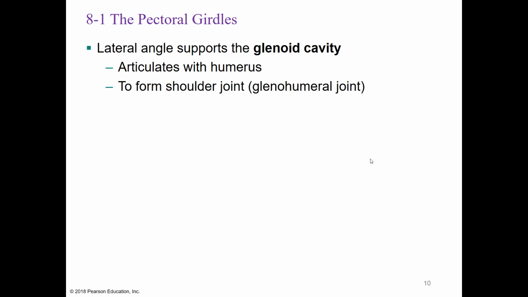So we'll take a look at that too. The lateral angle of the scapula supports what's called the glenoid cavity. So that's going to be the socket that the humerus pops into or articulates with. This is going to form what we commonly call our shoulder joint, but more fancy sounding is the glenohumeral joint.